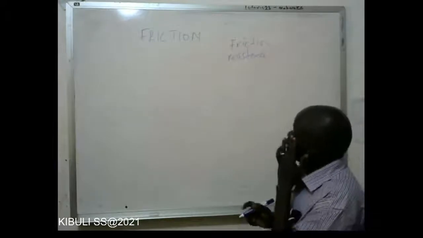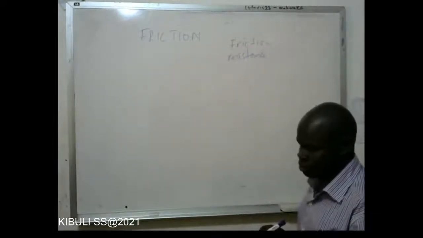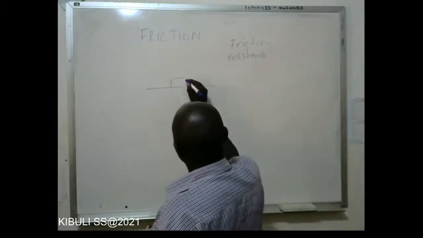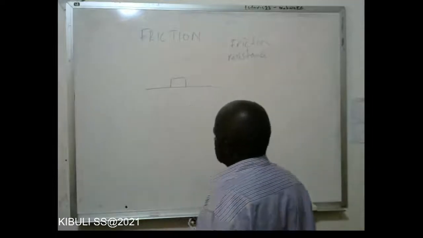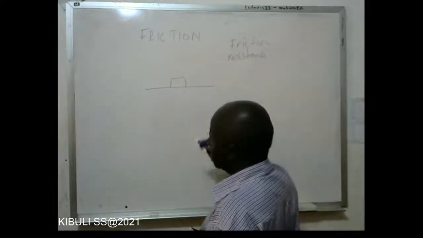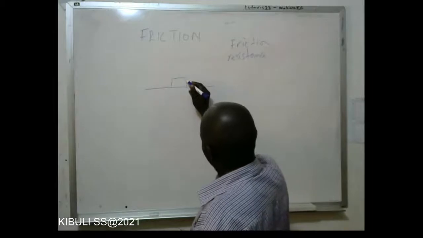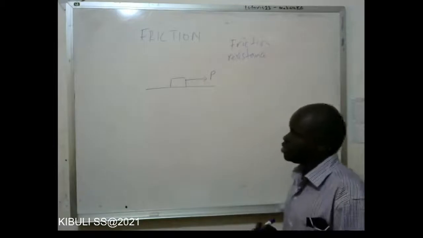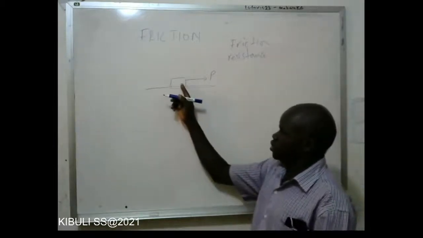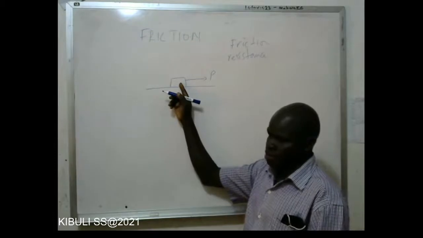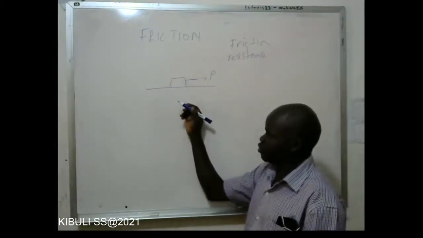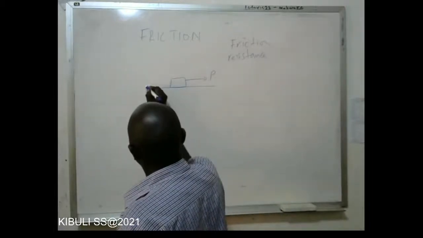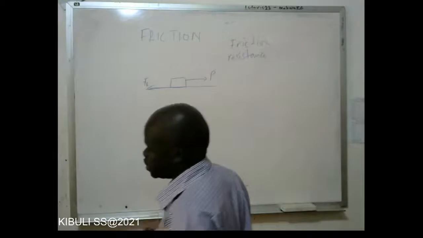So how do we represent friction? When we draw the two surfaces, we have the body in contact with the other surface. Then we apply a force. Let's say this is force P. The friction is drawn between the surface of the body and the surface of the plane, along the two surfaces in contact.